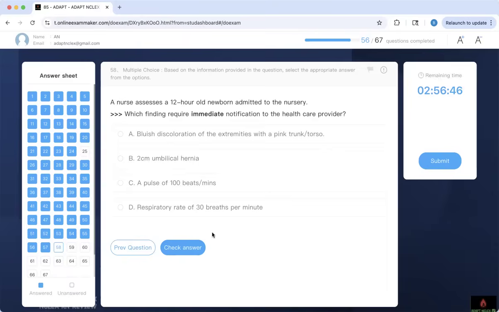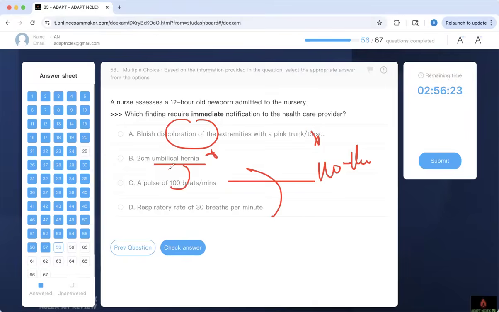Respiratory rate of 30. I want you to master this. This is a straightforward question. It's hard, critical thinking, concept-based, right? Acrocyanosis is normal. Umbilical hernia is expected. Now you're left with this. Baby heart rate is 110 to 160.